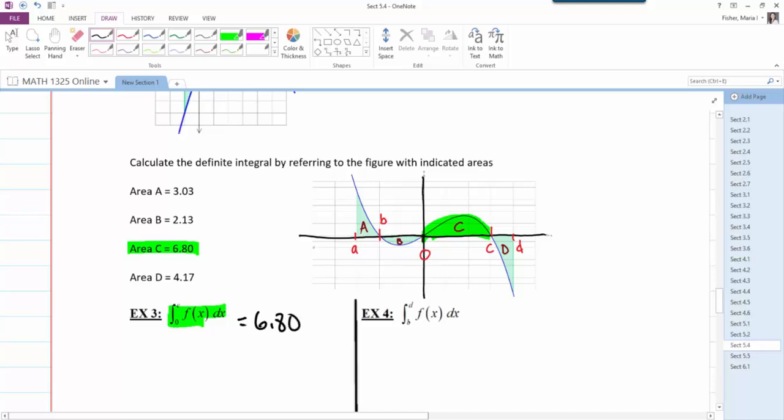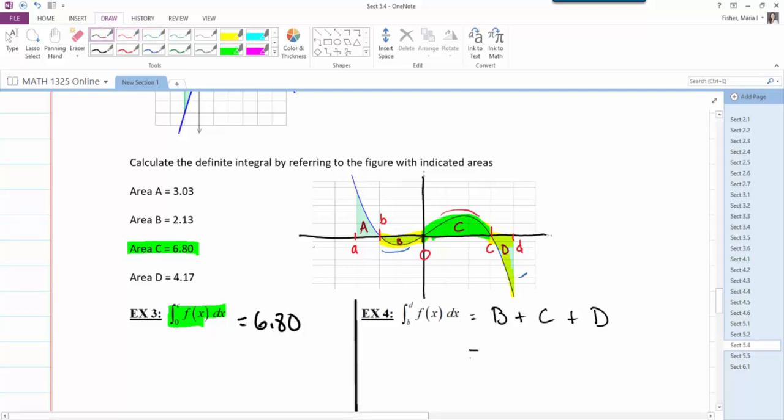What about the integral from b to d of f of x dx? Well, the integral from b to d is going to be the area from here, including this, and then down below. So it's going to be the sum of area B plus area C plus area D. Now recall, anything that lies below the x-axis is counted negatively, and anything that lies above the x-axis is counted positively.